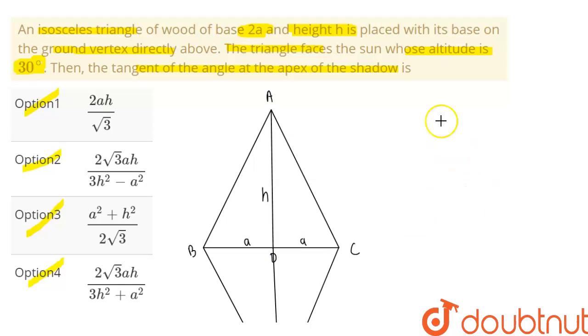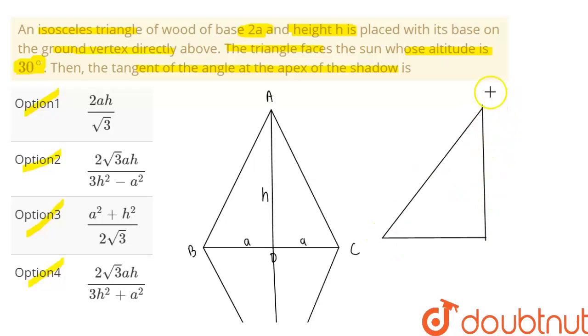Now let us also construct the triangle ADE for better understanding. This is the height of the triangle and its shadow comes here. This is the point E, and this is the shadow.